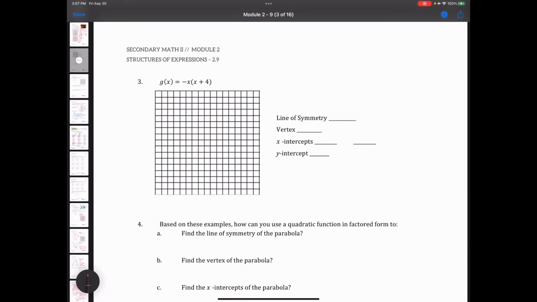For right here, pay attention carefully to this negative sign, and solve for those x-intercepts, and then try to find your line of symmetry, find your vertex from the line of symmetry, and finally find your y-intercept. All that being said, go for it, and then we can talk about that on Thursday if you guys would like to, and we'll go from there.